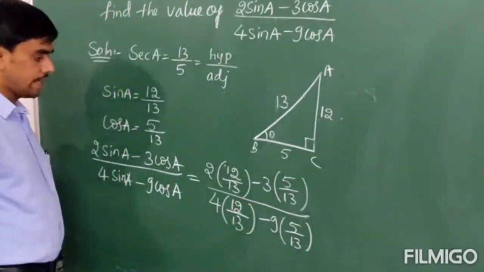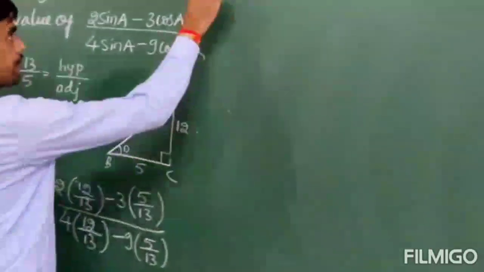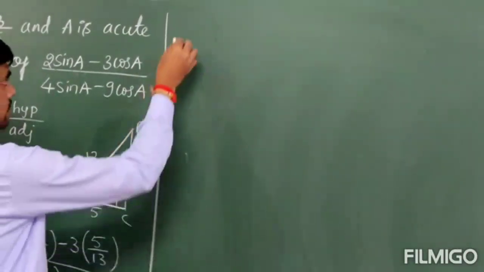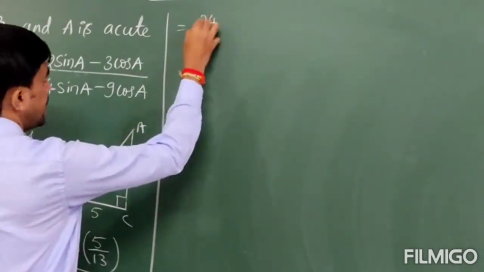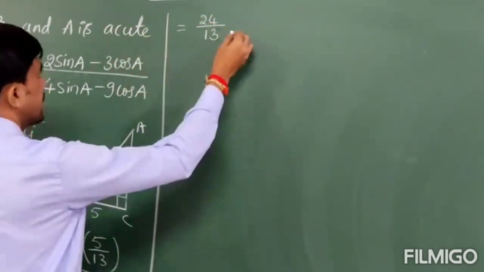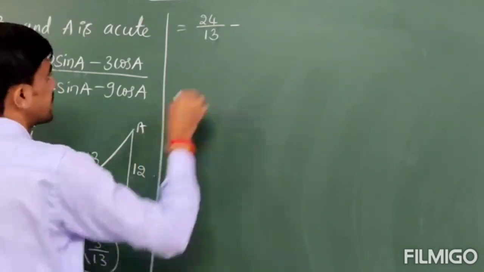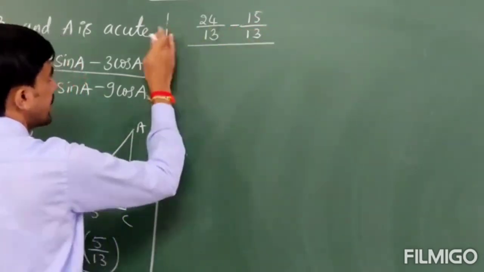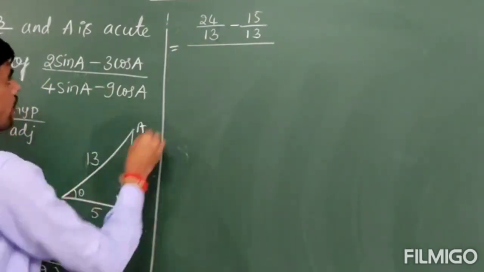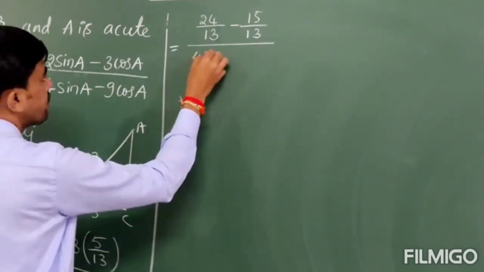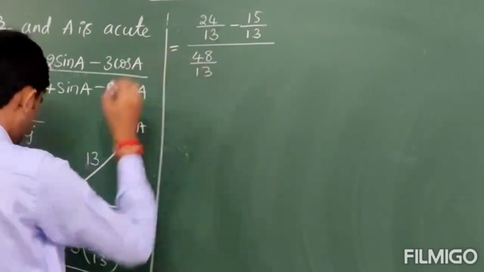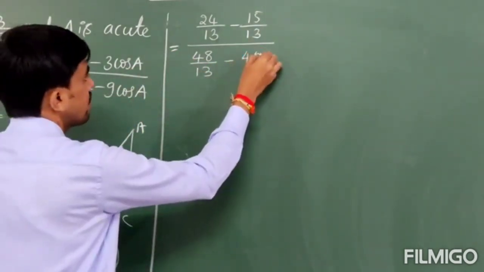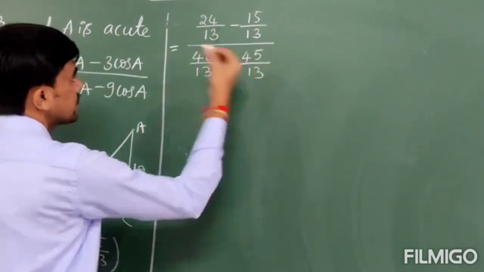So the next step is 2 into 12 by 13, that is 24 by 13, minus 3 into 5 by 13, that is 15 by 13, whole divided by 4 into 12 by 13, that is 48 by 13, minus 9 into 5 by 13, 45 by 13.